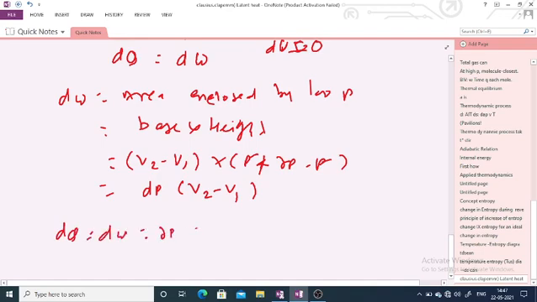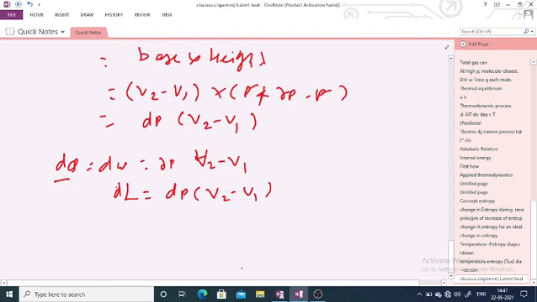Now dQ is nothing but dL, so dL is equal to dP times (V2 minus V1).